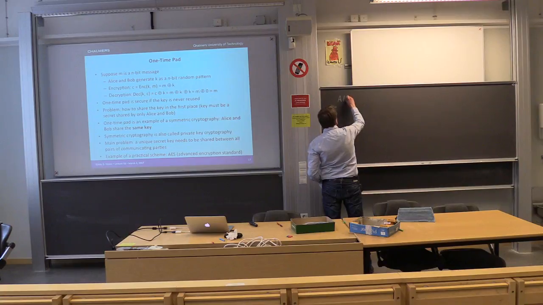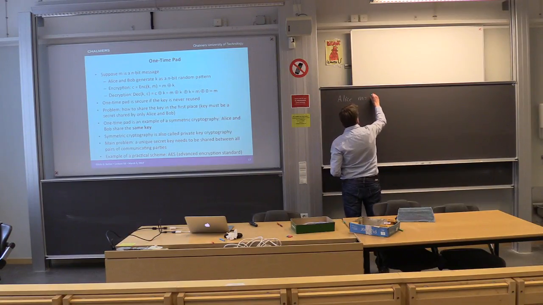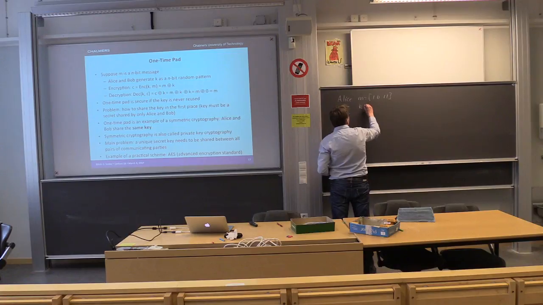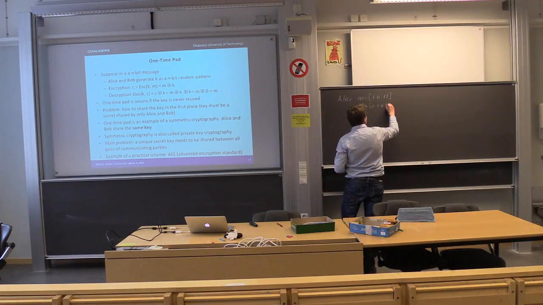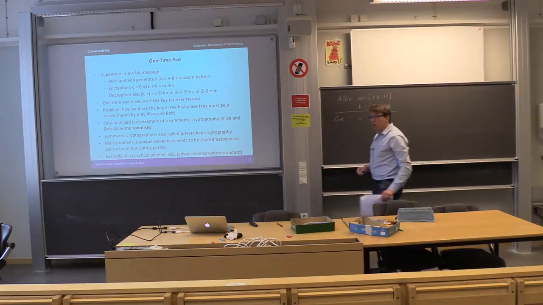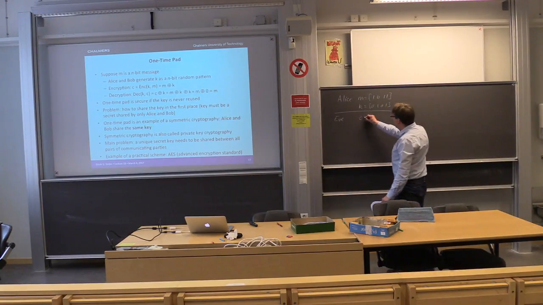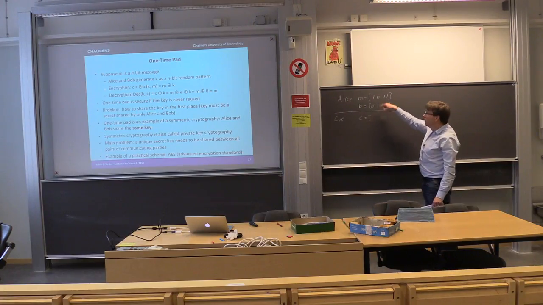So if we have Alice here, for instance, the message should be, say, 1011. So this is the plain text. And then the key, let's just pick something, 0101. Then the ciphertext, which Eve sees. So what is that? Well, it's the XOR between the bits in these patterns.